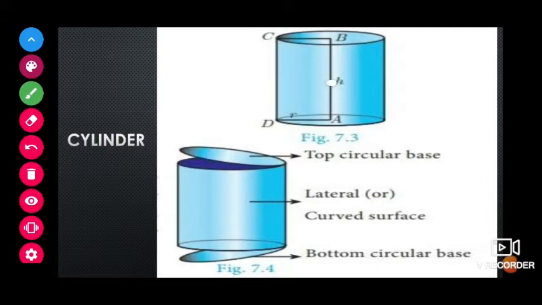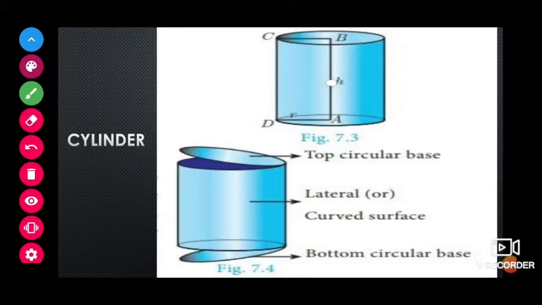Also, the popular dabba where your mothers preserve chana dal, urad dal and so on, some of them are in a cylindrical shape. You can see cylinders in your daily life.